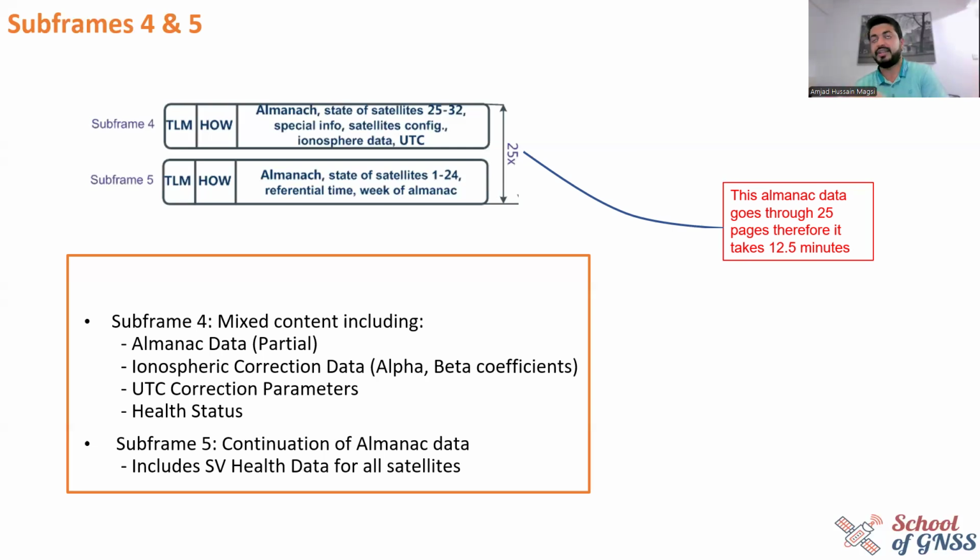The receiver will decide which satellites are nearby and whether it can collect signals from them as well.